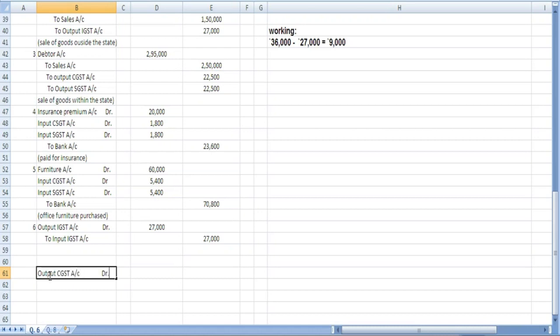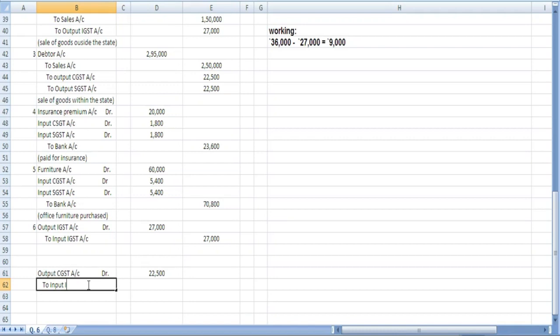We have to always adjust output with input. So now all the output IGST is finished. Now we have output CGST. So output CGST is 22,500.